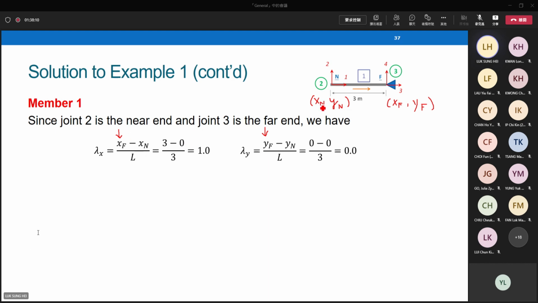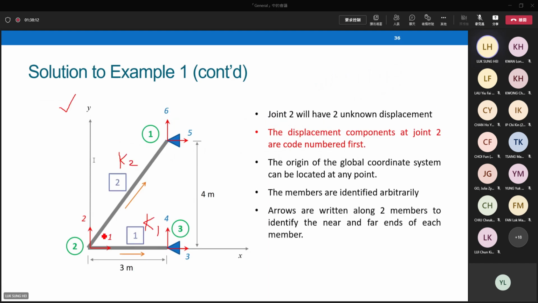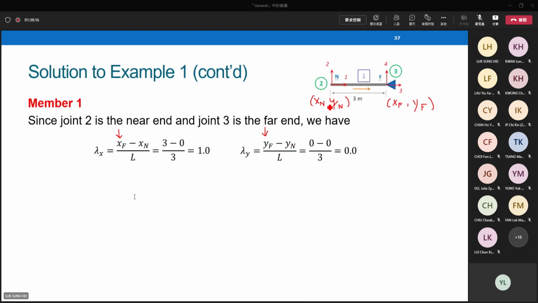And according to the previous slide, you can define the coordinate for each node. Right? xn is 0, yn is 0, xf is 3, yf is 0, just based on the previous coordinate.